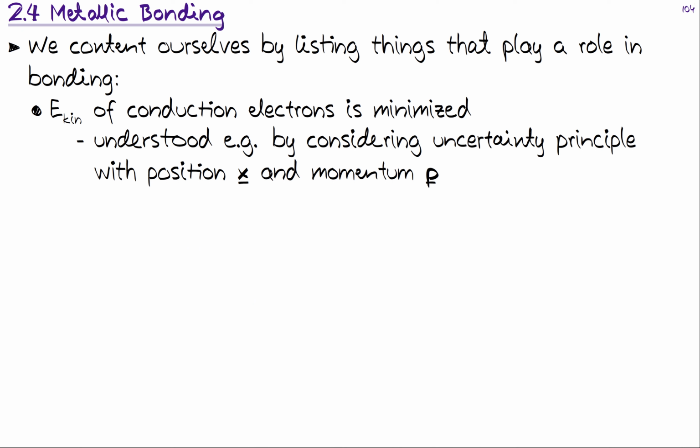If we have a very freely moving electron, so that we don't really know where it is, then the x operator results in a very delocalized state. The uncertainty principle then dictates that the momentum should be quite localized.